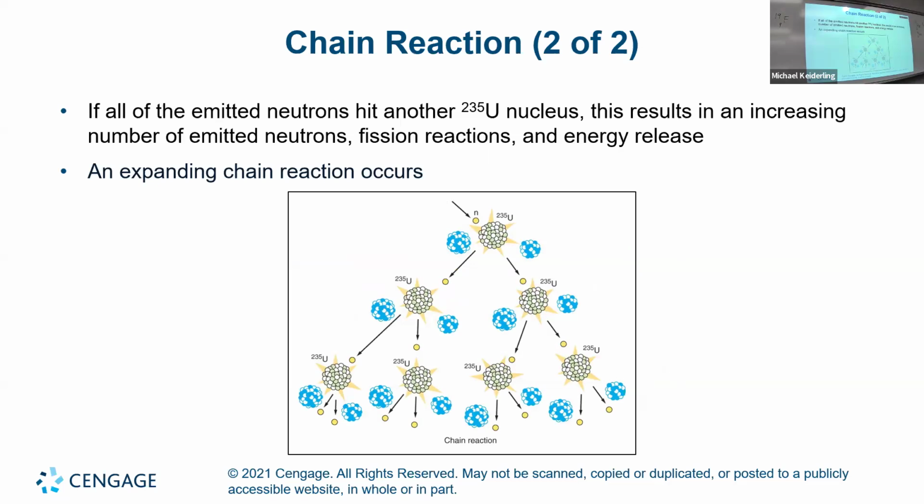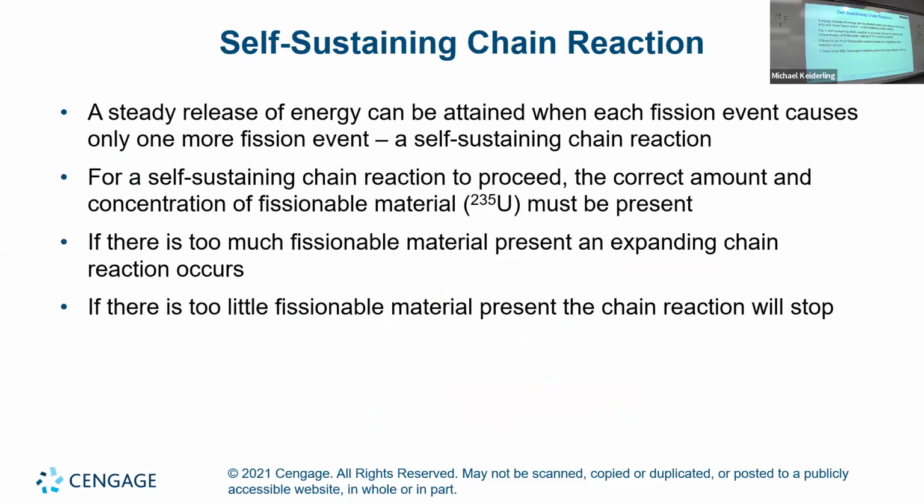So if all the emitted neutrons hit another uranium-235 nucleus, this results in an increasing number of emitted neutrons, fission reactions, and energy release. And this is an expanding chain reaction. And if you set your thing up so that all your neutrons are going to hit other uranium-235s, you can get a steady state, a self-sustaining chain reaction, where you achieve a steady release of energy when each fission event causes, on average, only 1 more fission event.